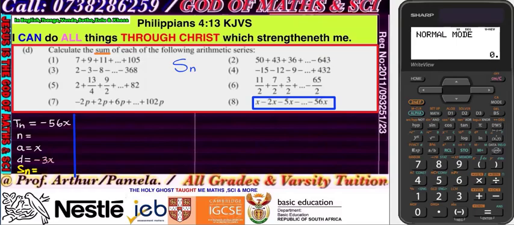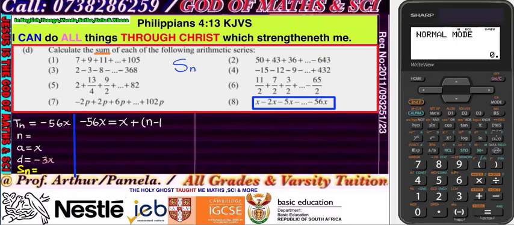So it's going to be T subscript n, which we know is negative 56x, equals a, which we know is x, plus, open the parenthesis, n minus 1, and then we close the parenthesis.